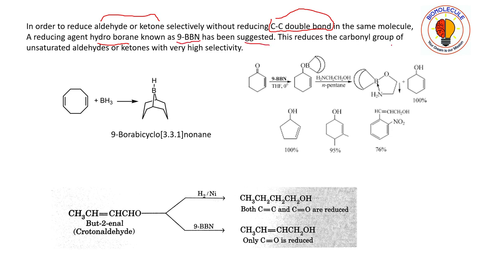This reduces the carbonyl group of unsaturated aldehydes or ketones with very high selectivity. So what is 9BBN? 9BBN is 9-borabicyclo[3.3.1]nonane.